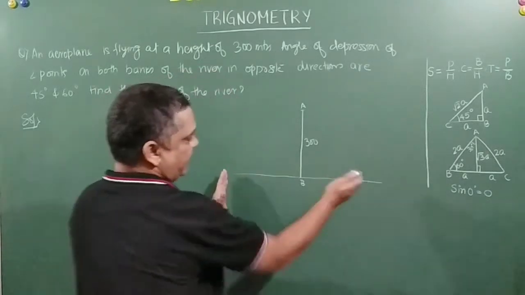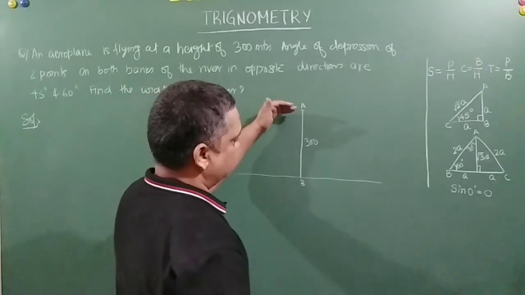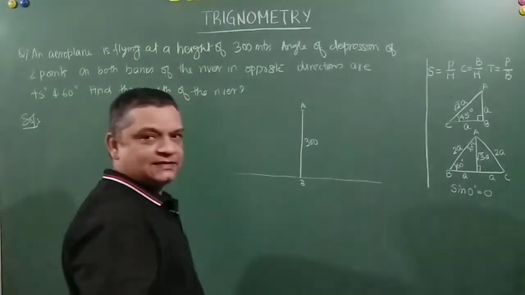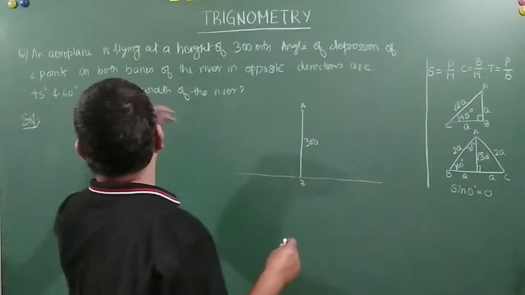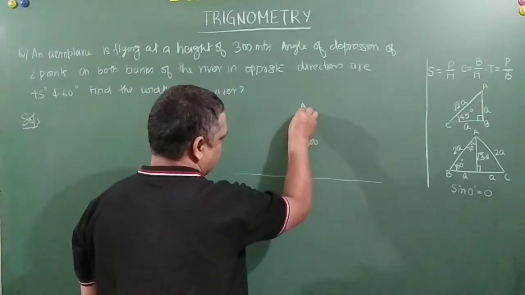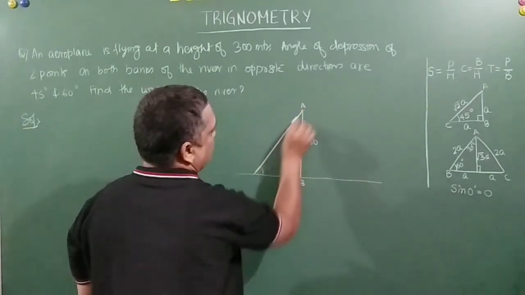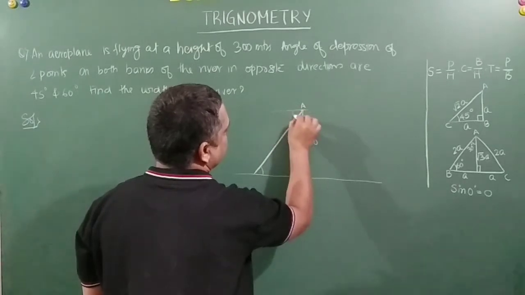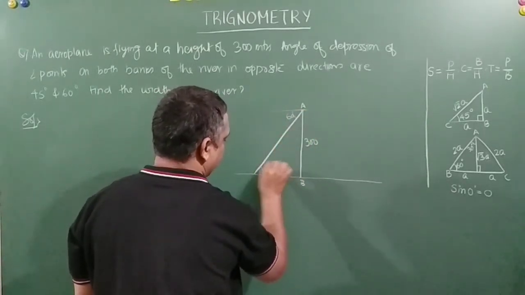On both these banks there are 2 points, okay. One is at a depression of 45 degrees and one is at a depression of 60 degrees, okay. Of course depression is nothing but this is 60 degrees, but being alternate angles this will be equal to 60 degrees.